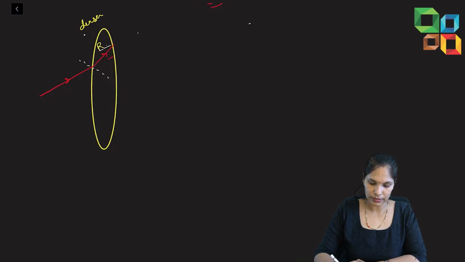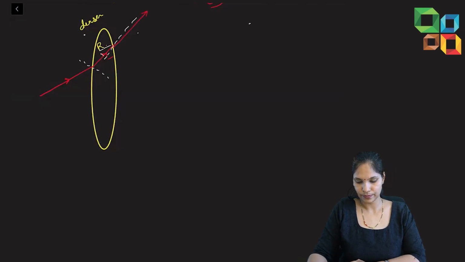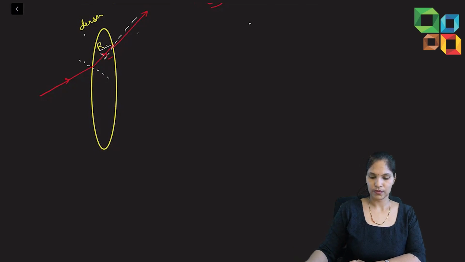Normal will be somewhat like this. And the ray should bend again towards the normal. So it will bend like this way. So it looks like diverging now.